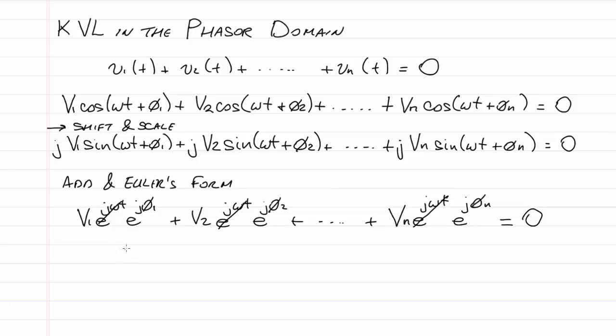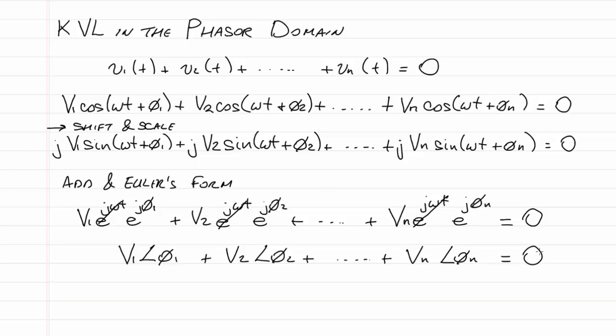And I will be left with, putting this in phasor form, magnitude V1 at angle 1 plus the magnitude of V2 at angle 2 plus all the way down to magnitude Vn at angle n will be equal to 0.